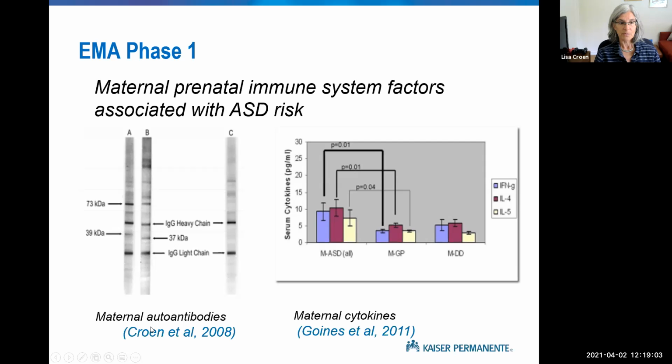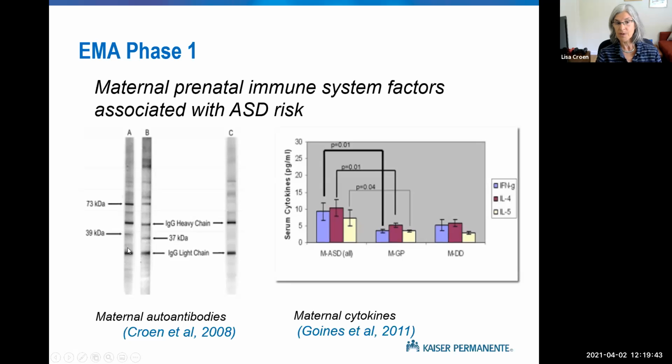One of the first papers we published was looking at maternal autoantibodies to fetal brain proteins, and found that it basically replicated work that had been done by Judy Van de Water and colleagues at UC Davis, where they had looked at postnatal maternal samples and found a specific band pattern on these plots that distinguished children with autism from children without autism.